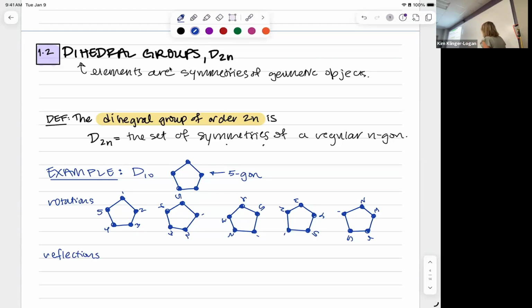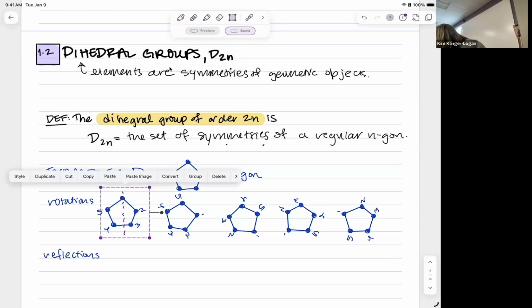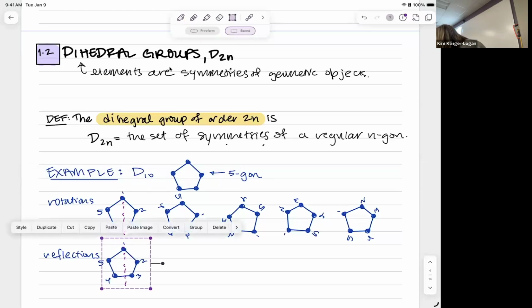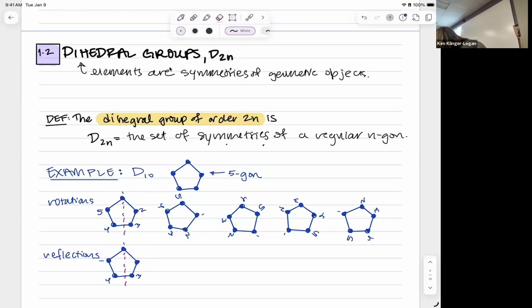Okay, so great. So now there's a bunch of different ways I can try to do the reflections, right? So these were all my rotations I had. I can take this thing and I can reflect through this one vertex that I had, and that gives me one reflection. Right, so if I do that, and I pick this guy up, and I put it here, and I reflect upon that guy, what it does is it now swaps 5 and 2 and 3 and 4, right?